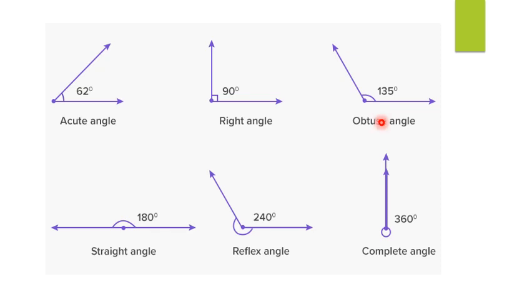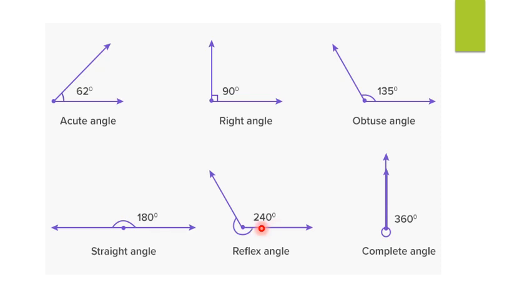There is also what we call an obtuse angle, which is more than 90 degrees but less than 180. Then we've got a straight angle, which is just a line, and that is exactly 180 degrees. Then we have a reflex angle, which is more than 180 degrees but less than 360 degrees.